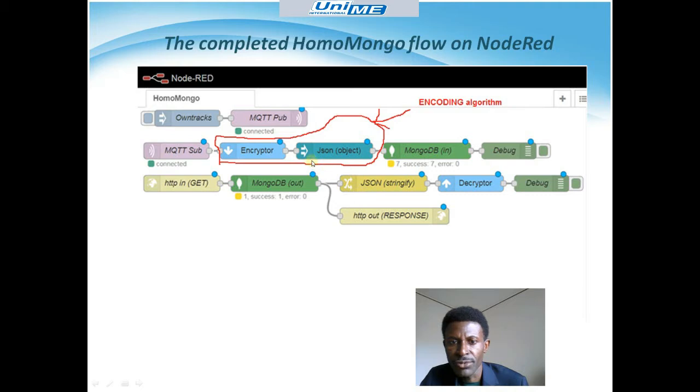But here we have to do something similar to our encoding algorithm. This is our decoding algorithm. We have to use a JSON stringify method to convert it to strings, then we decrypt it back, and then we debug the payload successfully.